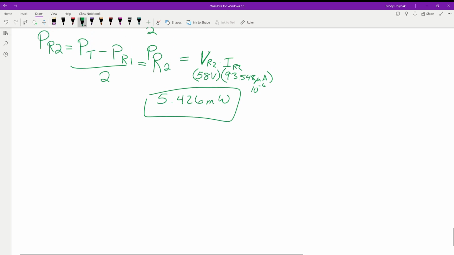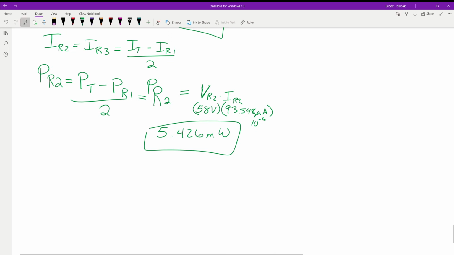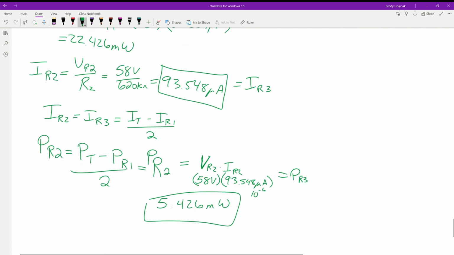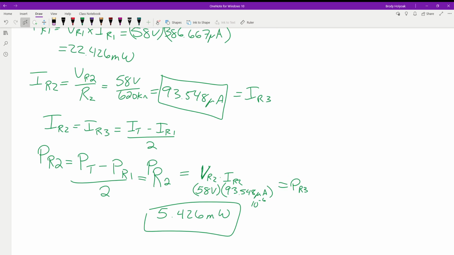Okay, so now we can also say that is going to be equal to the power of resistor 3 as well, because the voltage is equal and the resistance is equal. So the current's going to be equal. Everything in that is equal, so we can use the same calculation for that value as well. Then, just to double check, we can go back through and add up our values that we calculated to make sure they add up to what we calculated for the totals.